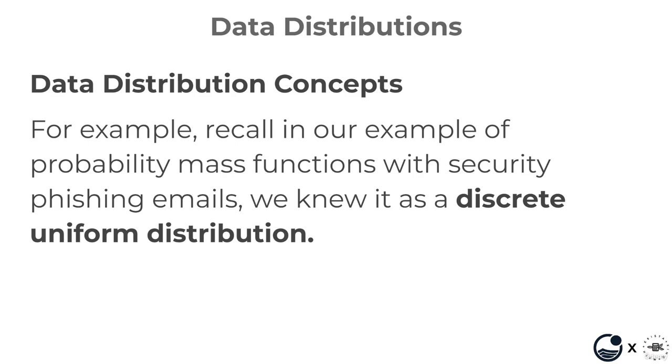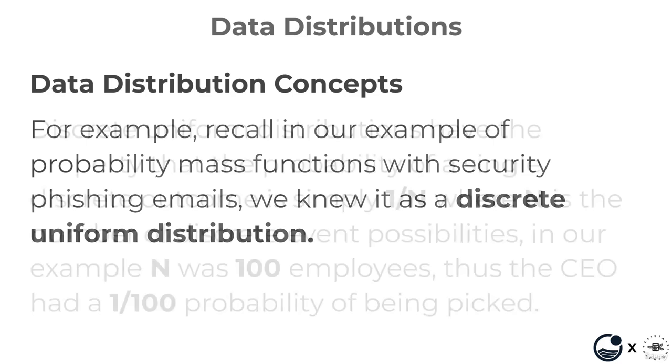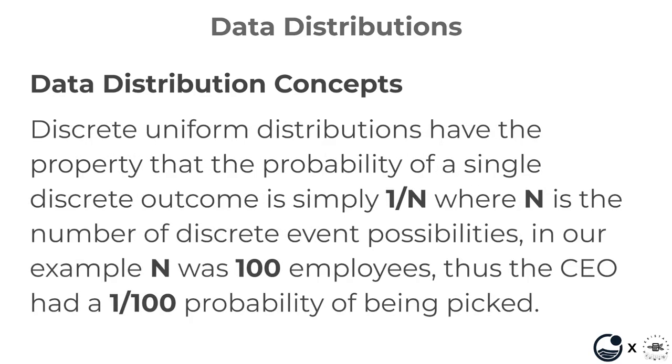That's my real-world situation. If I think about the theoretical match to it, it's actually a discrete uniform distribution. It's discrete because all the employees were discrete, and it's uniform since they all had the same probability of being chosen. That means I can actually look up the properties of a discrete uniform distribution on something like Wikipedia.